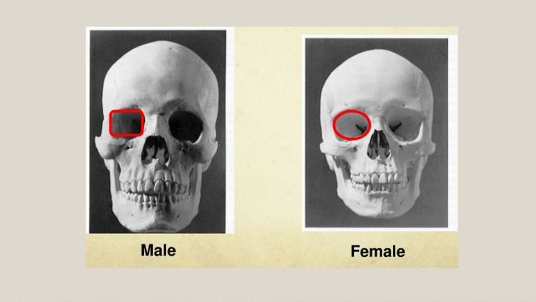The next important things to pay attention to are basically the angles. When you're drawing men, you want to be drawing a lot more angles and less curves, and that is especially true, as I'm sure you have already noticed, in the jaw area.